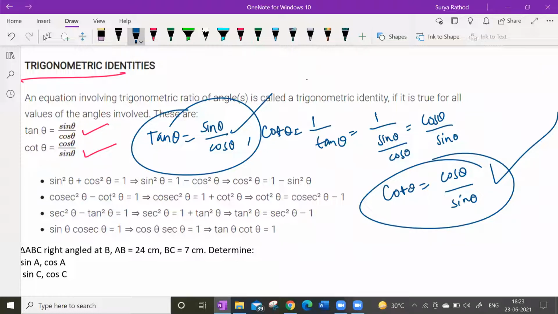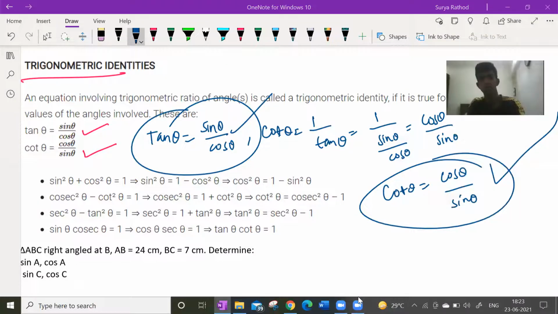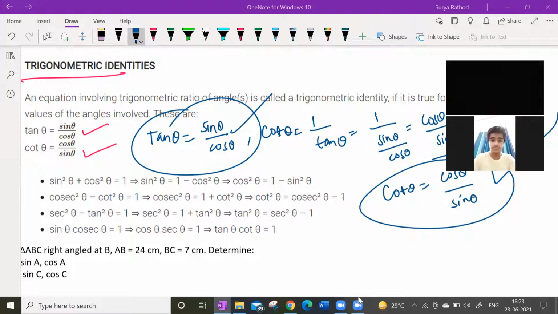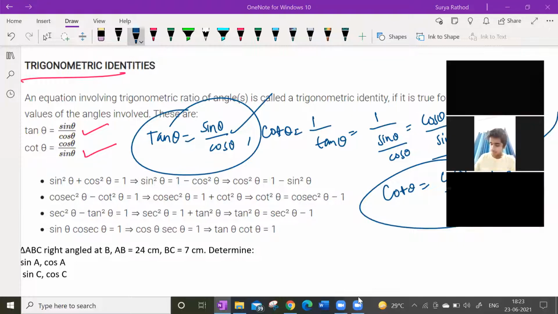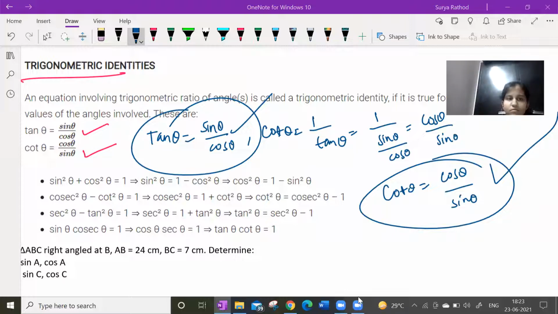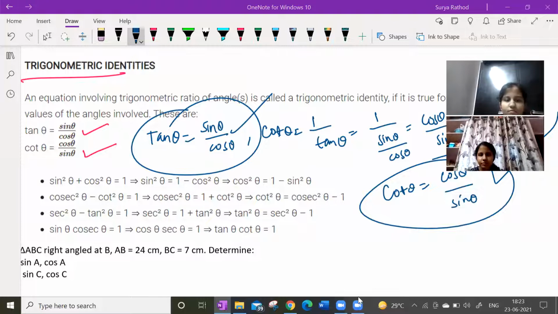Guys, turn on your cameras, everyone. Everyone turn on your cameras. Diksha, Akhil, Pratyusha, Ashish. Everyone. Ashish, Akhil.